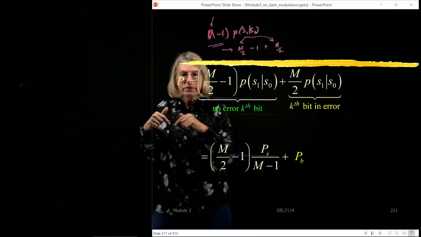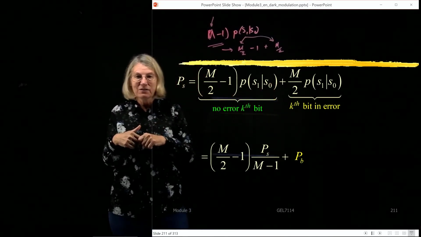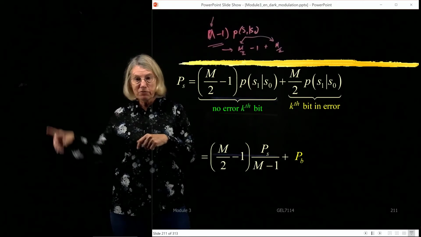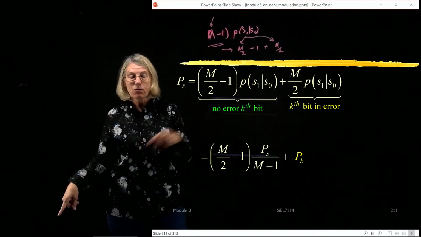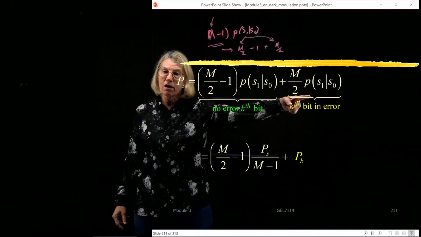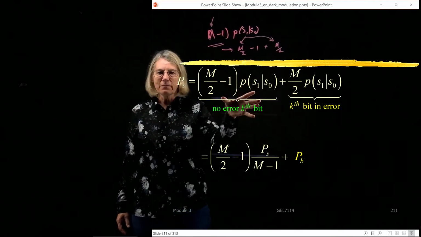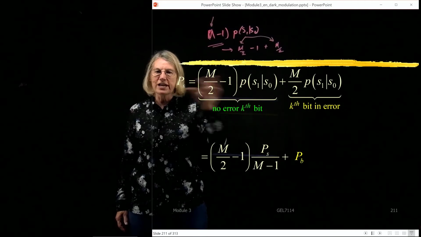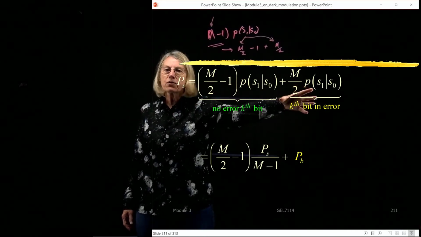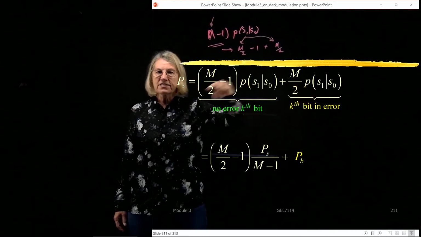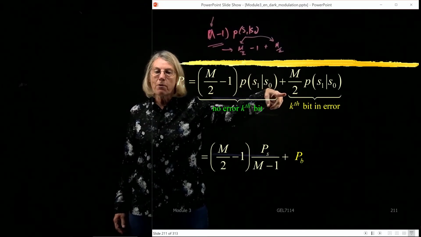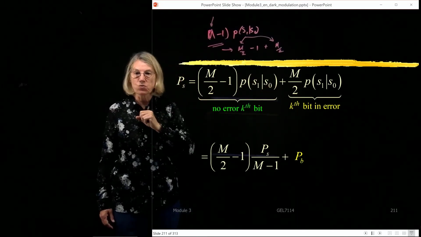But the other group, they did have an error in the kth bit, right? So I counted before in my example, I had 3 where the bit was the same, but I had 4 where the bit was different and it made an error. So essentially, there's going to be a group of errors where there's no change in one of the bits, and another group where there is a change. And the sizes of these groups are, one is m over 2 and one is m over 2 minus 1.